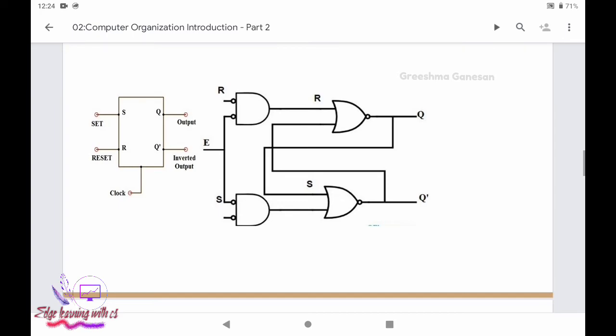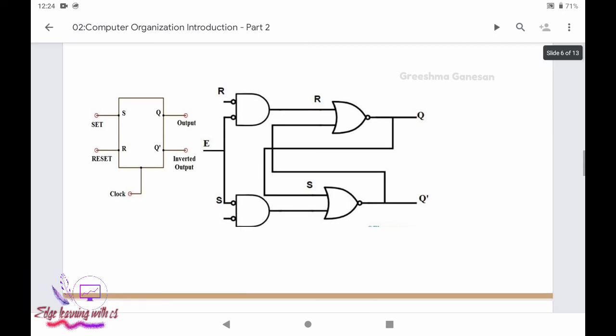After getting the output from the AND gates, it goes to a NOR gate. How can we say that this is a NOR gate? After the OR symbol, you can see a bubble there. That bubble indicates that this gate stands for NOR.